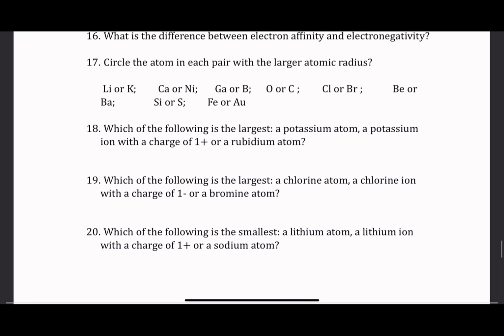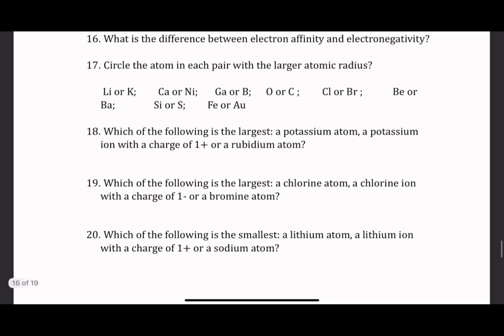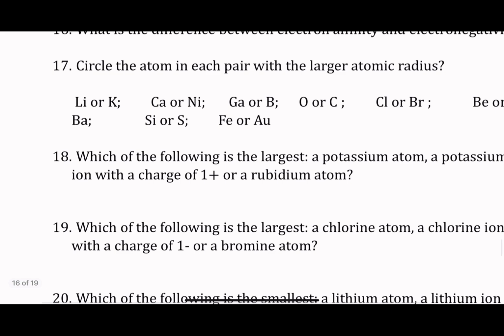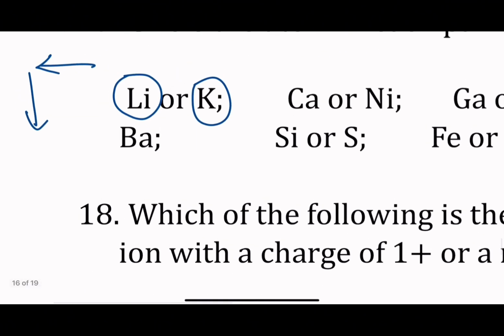Now you can answer the other questions like 17, 18. I can help you out, but in this one, for example, lithium and potassium, all you need to do is just look at the trend where they are located. But the main thing in here, you need to understand that going downwards, meaning increasing the number of shells, has more effect than decreasing the effective nuclear charge.